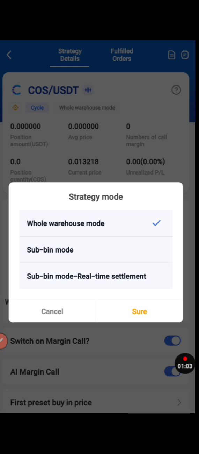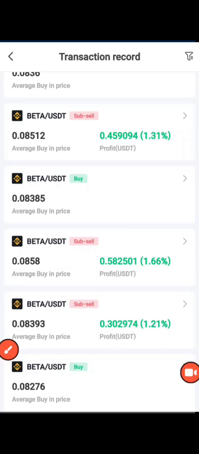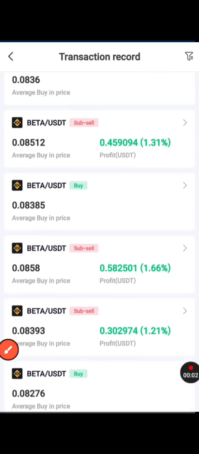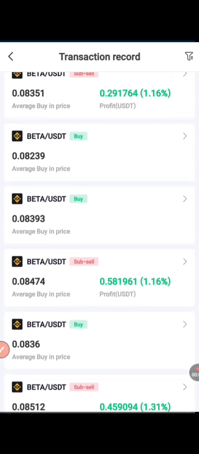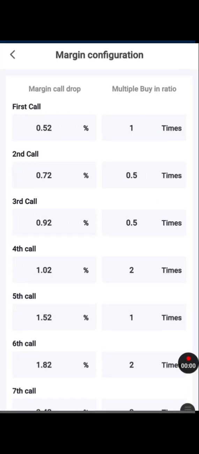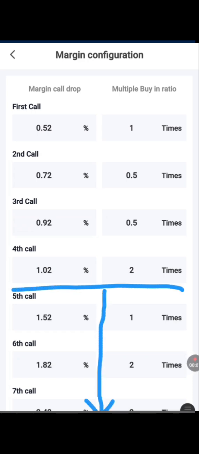Number 2, once you leave your strategy mode under whole warehouse, you should also forget about sub-sells, meaning whatever buy order the robot is going to make from the 5th call onwards, you should not expect any sub-sell.